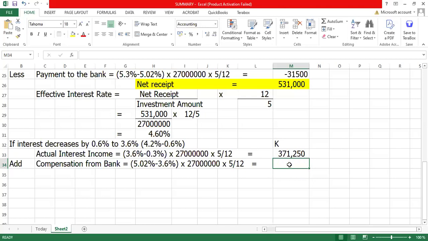What do you have? Colleagues, you may be knowing things, but the calculator. 159,750. That's what you have, others? Others, that's what you have?